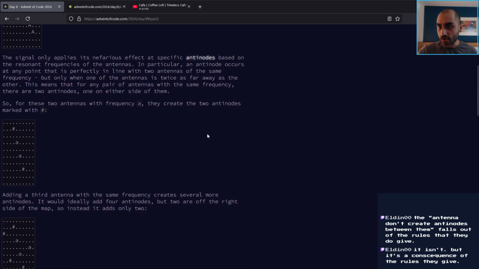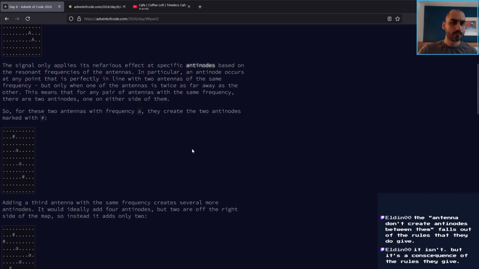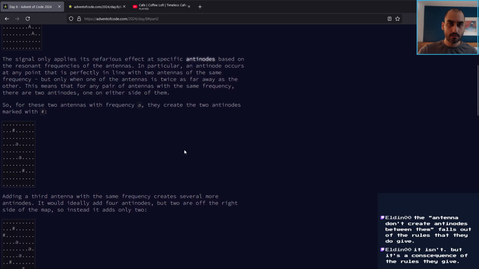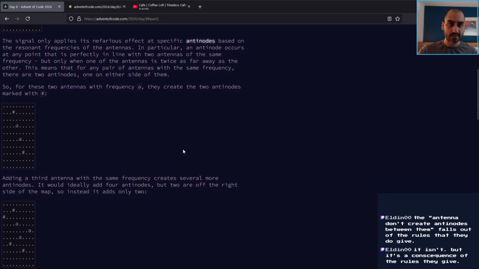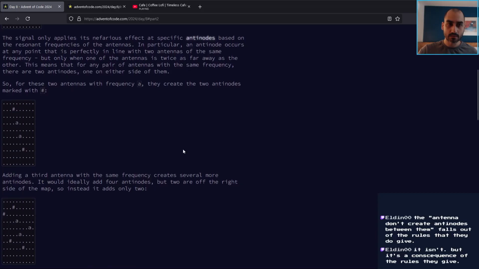It isn't, but it's a consequence of the rules I give. Is it? I've not seen anything in the rules which would imply that. At least I don't see why that would be the case.